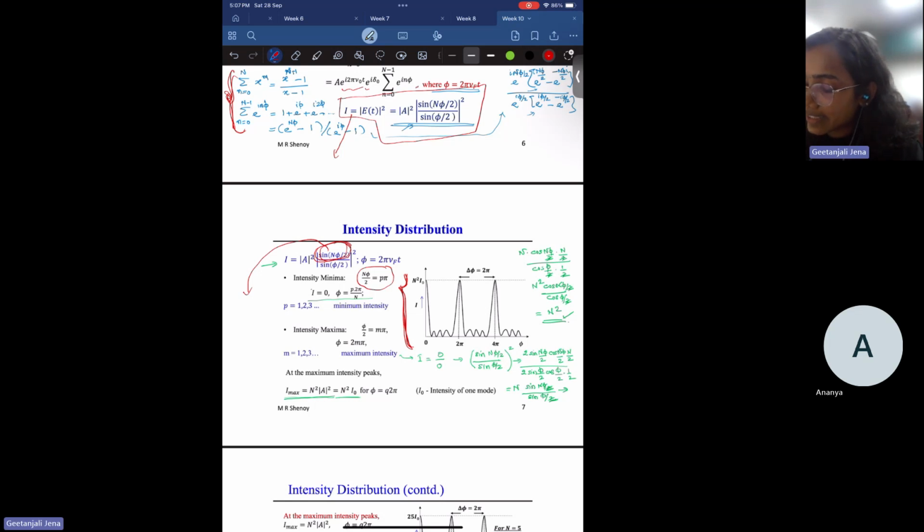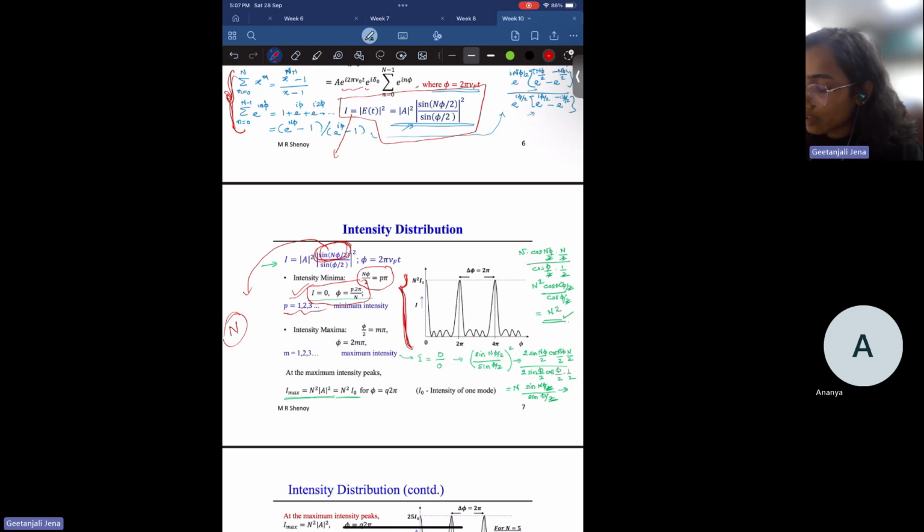So intensity is 0 when phi, that is the phase, is given by p into 2 pi by n. Please remember n is the number of longitudinal modes oscillating inside the cavity. So I equals 0 when phi is p times 2 pi by n, and p is 1, 2, 3.